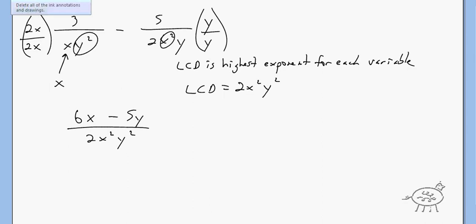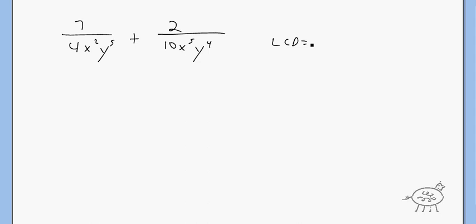All right. So let's try a couple more here. 7 over 4x squared y to the 5th plus 2 over 10x to the 5th y to the 4th. Okay, what do 4 and 10 go into evenly? 20. Right, it's the smallest number. So my LCD is 20x to the 5th y to the 5th.